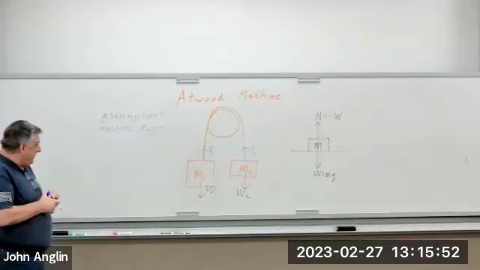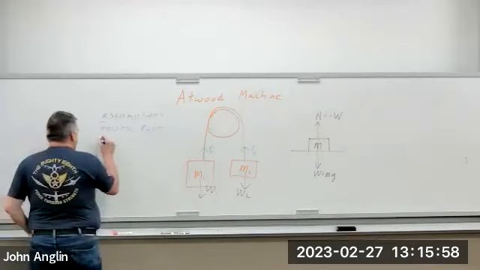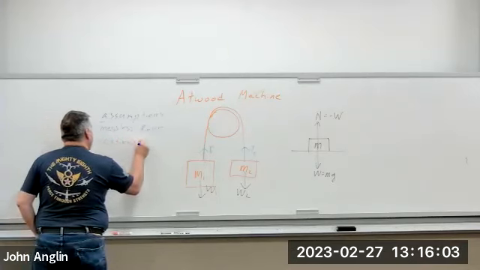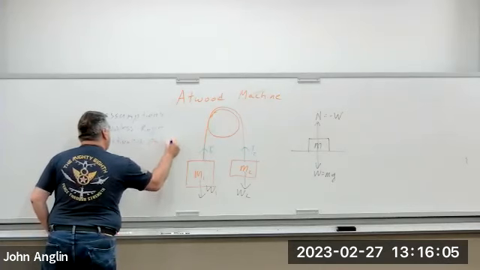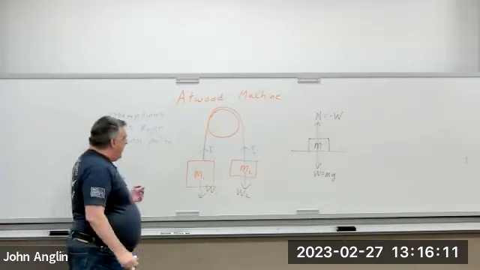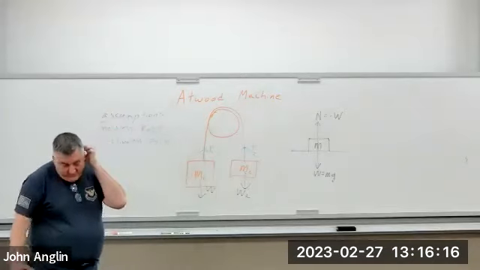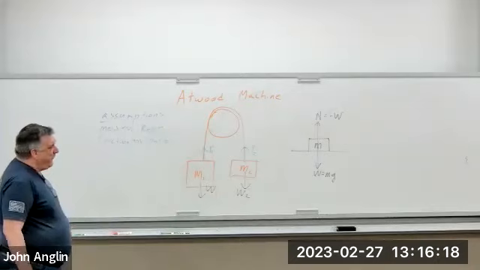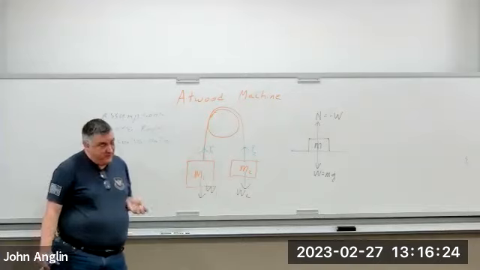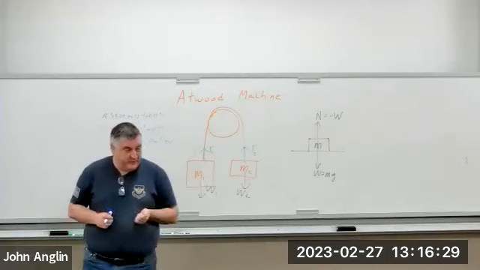So for this example, we are going to assume massless rope. We are also going to assume that the pulley is frictionless. In other words, we're not going to worry about the coefficient of static or kinetic friction on the pulley. The reason we're not going to do that is because we haven't looked at rotational motion yet. We haven't looked at circular motion, and those calculations are much, much different.